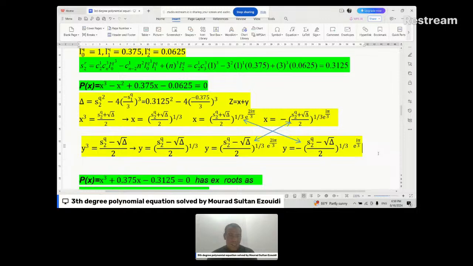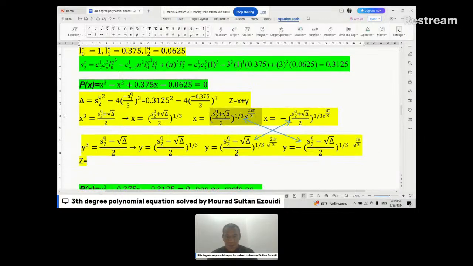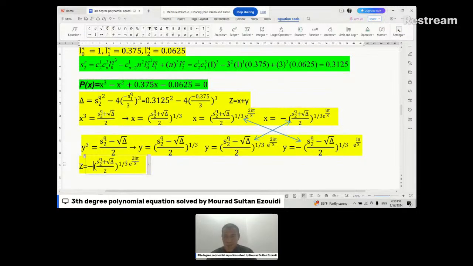Therefore, I will write z equals z_k, I will multiply by minus exponential, and reduce the 2.